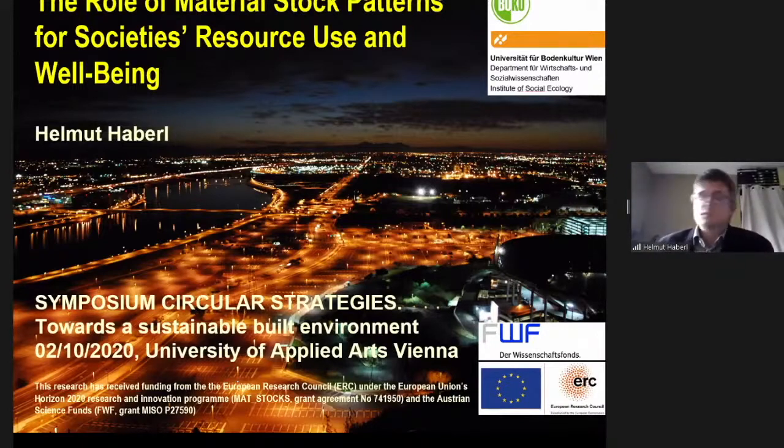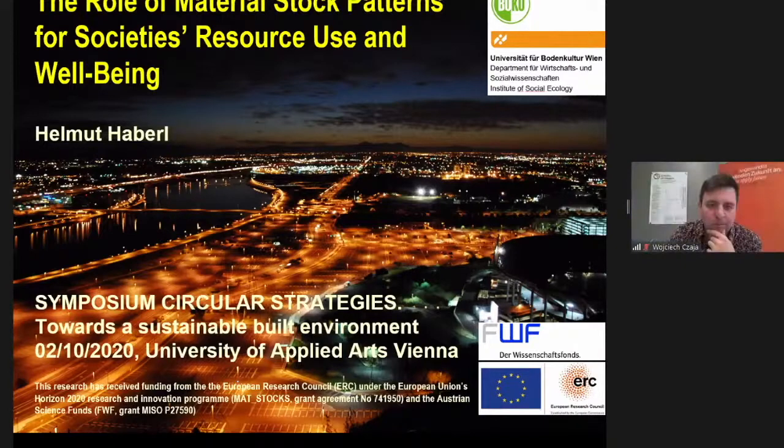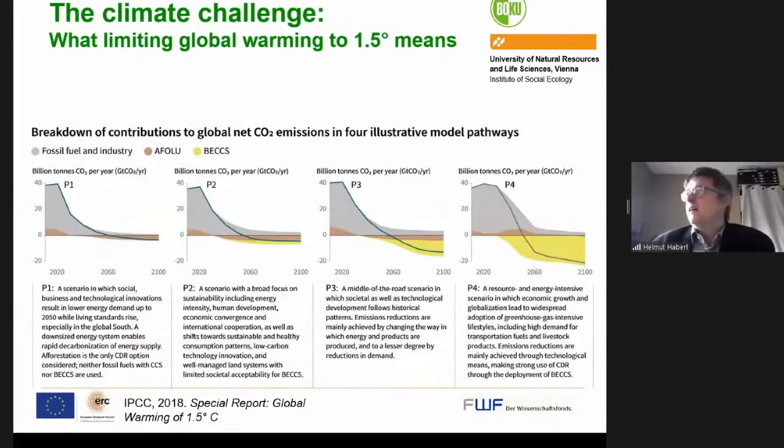Okay, so I will start by talking about the climate challenge. I think many of you have alluded to that as well. And this is from the 2018 IPCC report on global warming of 1.5 degrees. And you all know that we have the Paris Agreement and governments have agreed to limit global warming to 2.0 degrees or less if possible.